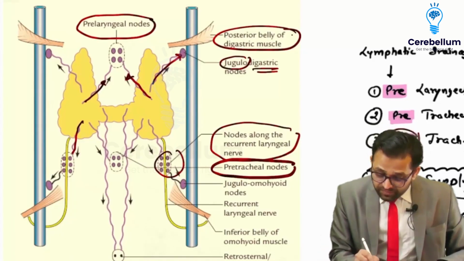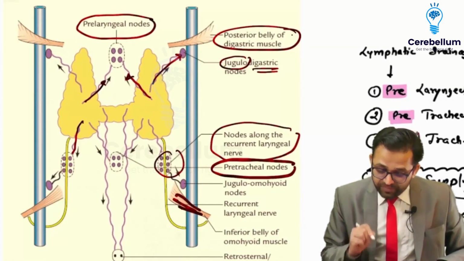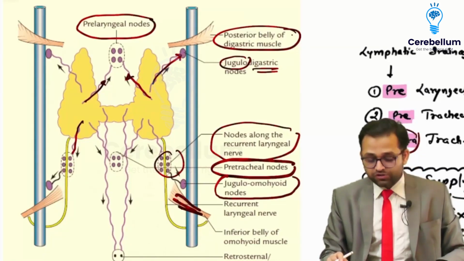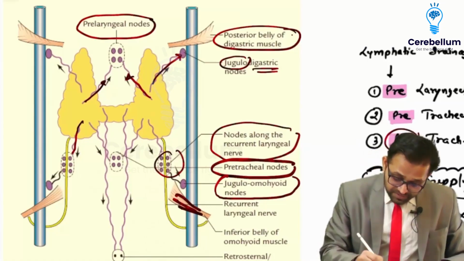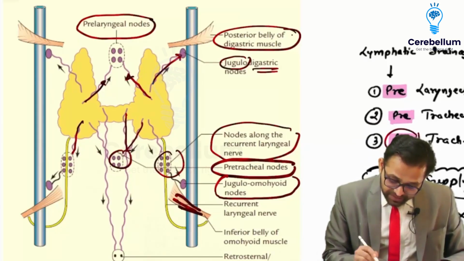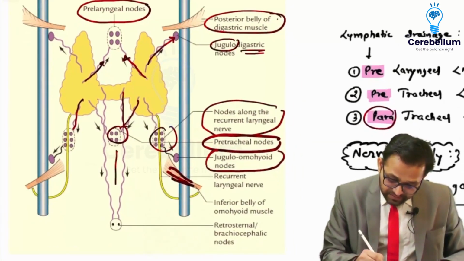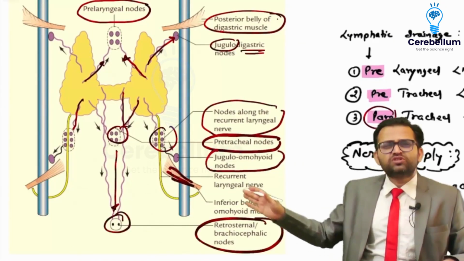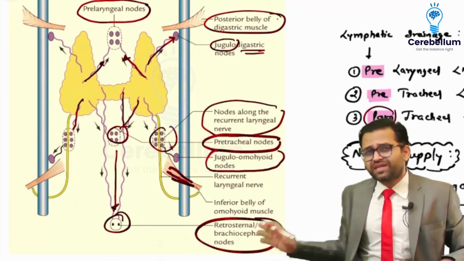Also there is one muscle, the omohyoid muscle, inferior belly of the omohyoid, so it is draining into the jugulo-omohyoid lymph node also. The isthmus lower portion may drain into the pretracheal lymph node, and finally they are draining behind the sternum, so retrosternal or brachiocephalic lymph node.